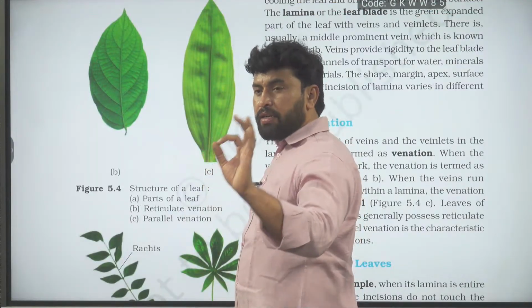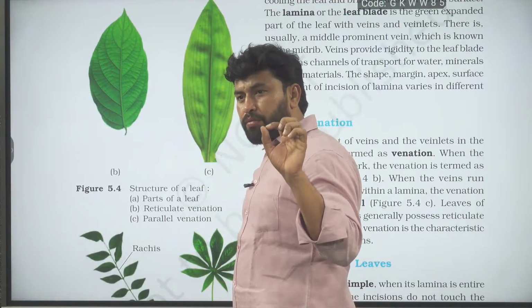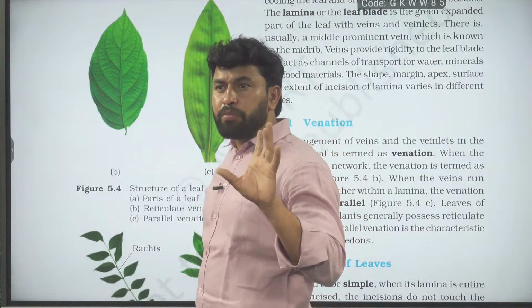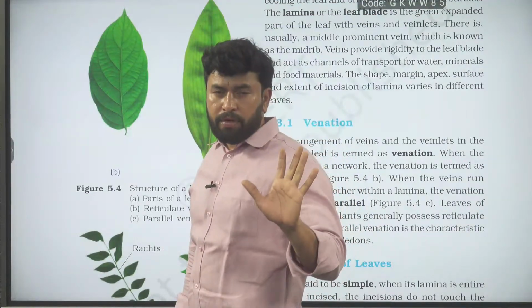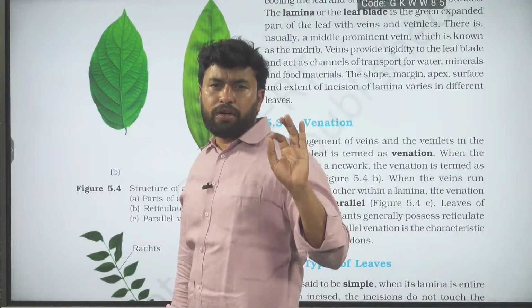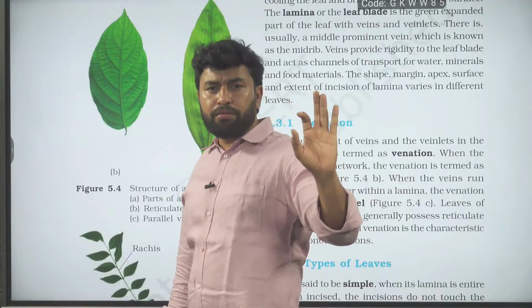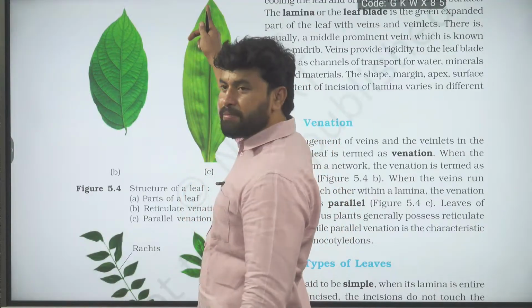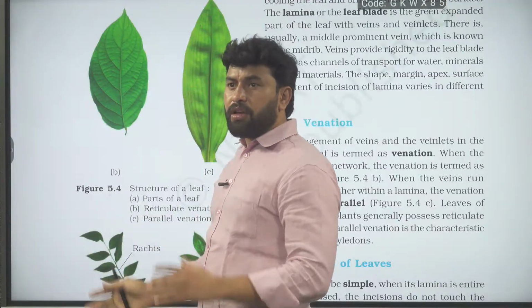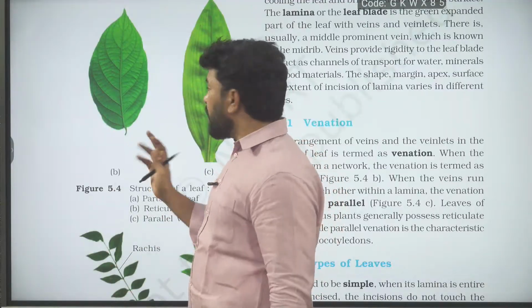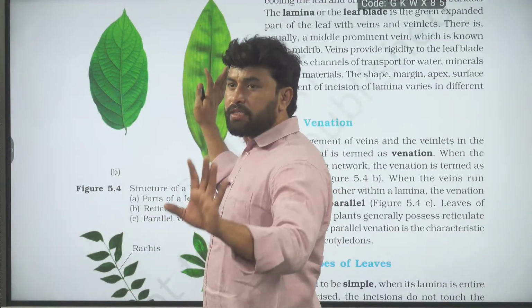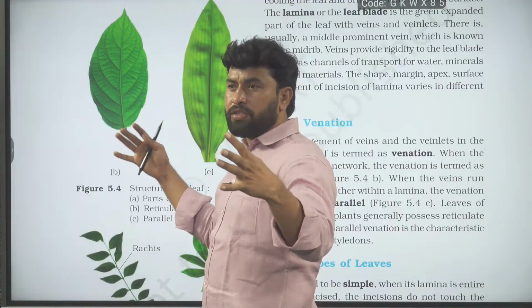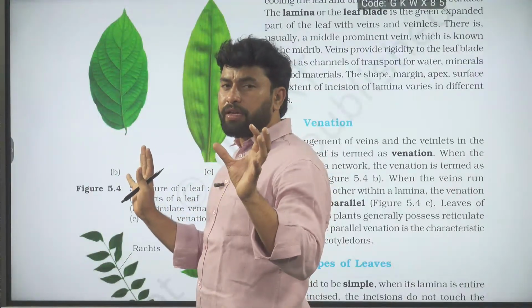It's not compulsory that a monocotyledonous leaf should have a midvein. In most cases, monocotyledonous leaves do not have a midvein. If it is there, it would appear like this. That is the largest among the veins, and the remaining veins are not of such large size. Almost all are similar in size.